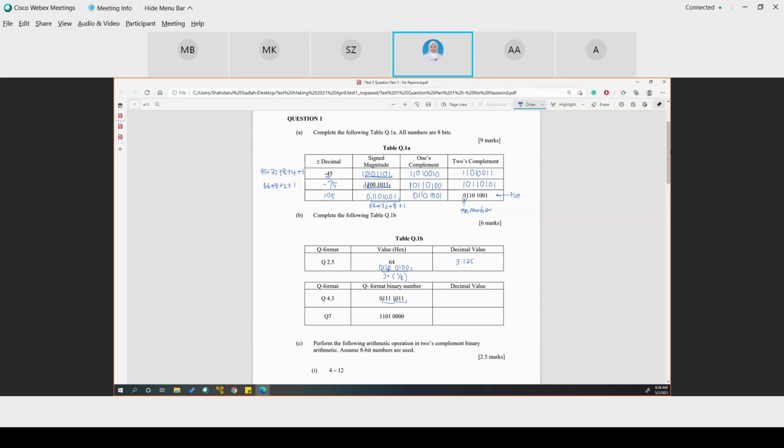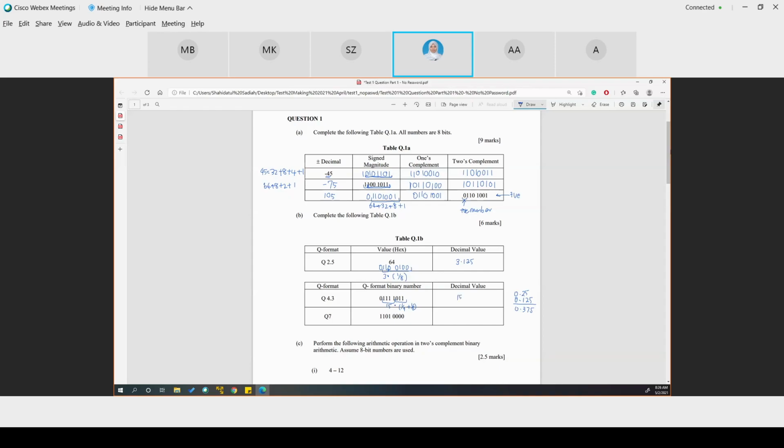The whole part is 15, and then the fraction is 1 over 4 plus 1 over 8. So 1 over 4 is 0.25 and 1 over 8 is 0.125. This is 0.375 for the fraction.